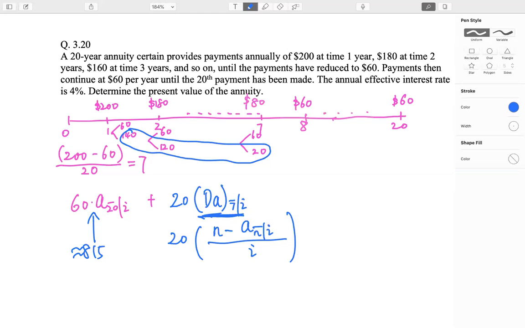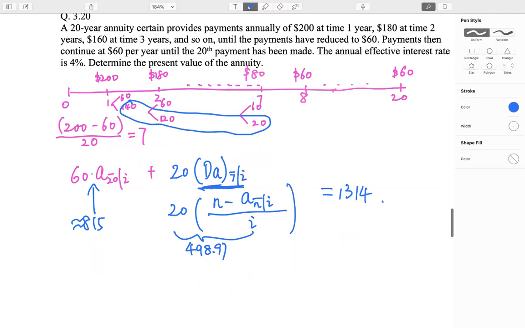Okay, you plug in, you will get, this is close to 500. It's about 499. So in the end, you add everything together, it's 1314. Okay, that marks the end of SOA questions.